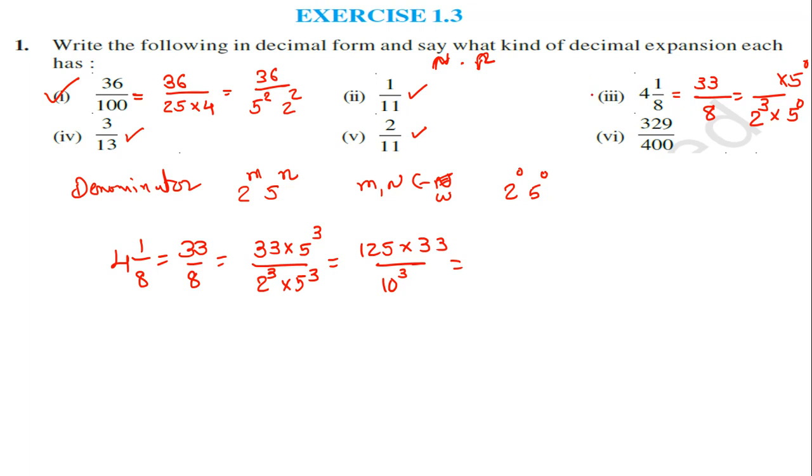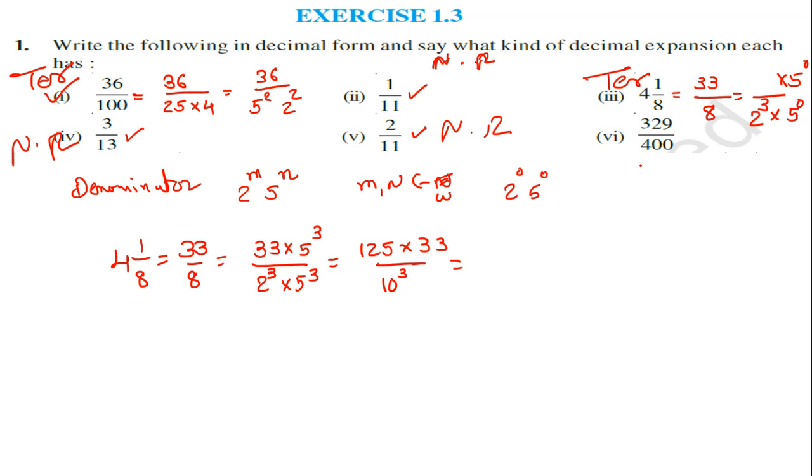So this is terminating. Check that third one is terminating or not. First and third both are terminating. Now 13, because 13 is also prime, we cannot write in 2 and 5 format. So this is non-terminating repeating. This is also the same, non-terminating repeating.